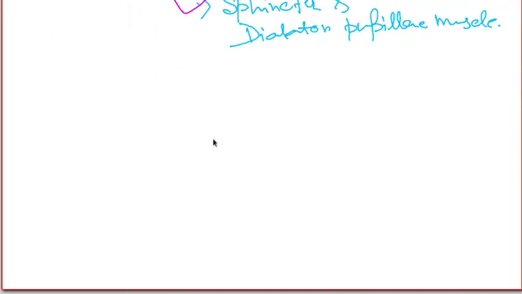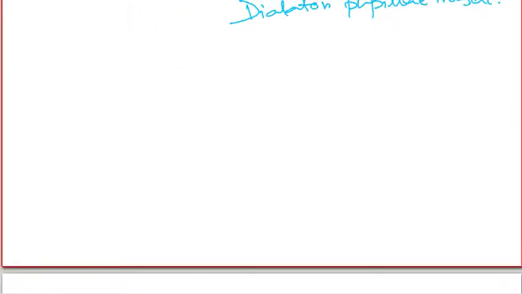The next layer is mesoderm. So we have completed the surface ectoderm and the neuroectoderm, and we'll go to the mesoderm. So we can say we are doing the layer of mesenchyme.